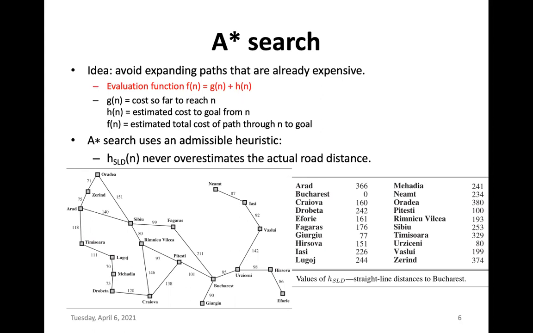The first one is uninformed searches, and the second one is informed searches. In informed searches, we have seen the greedy best first search as a first algorithm, and now we are seeing the second algorithm, which is A star search.